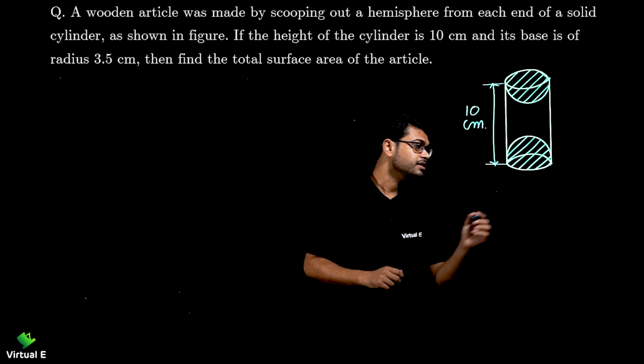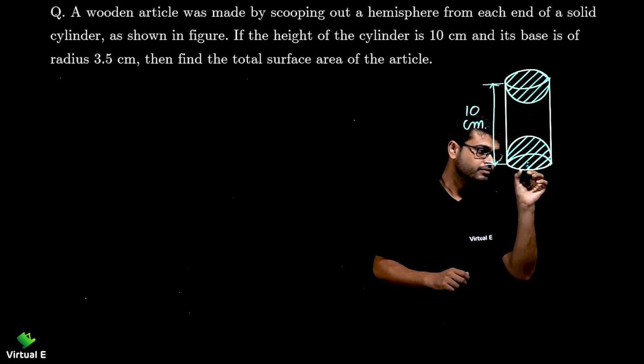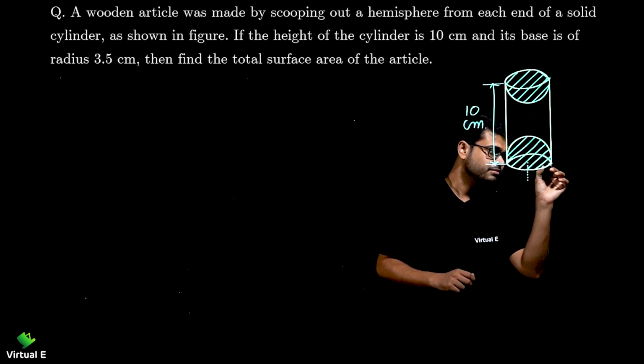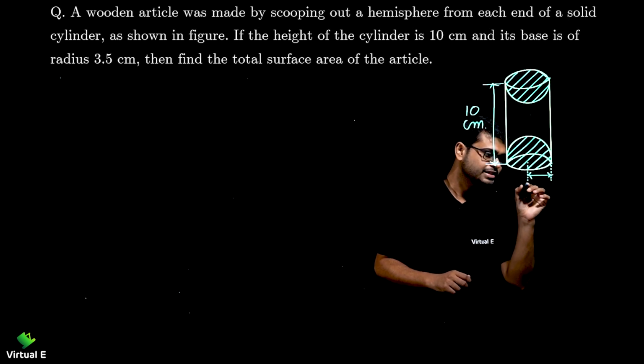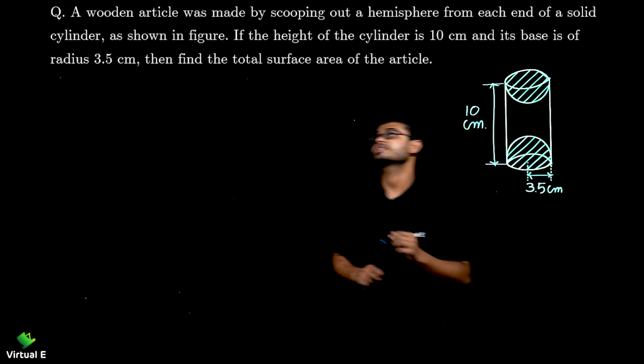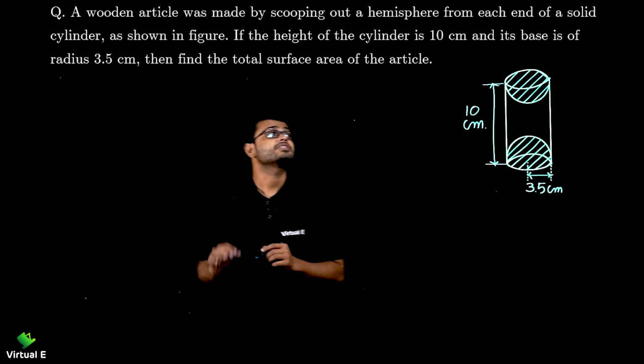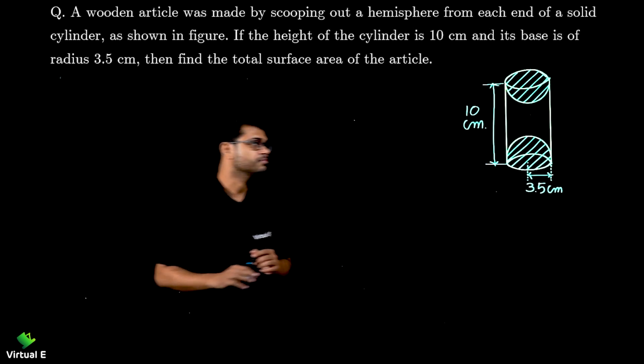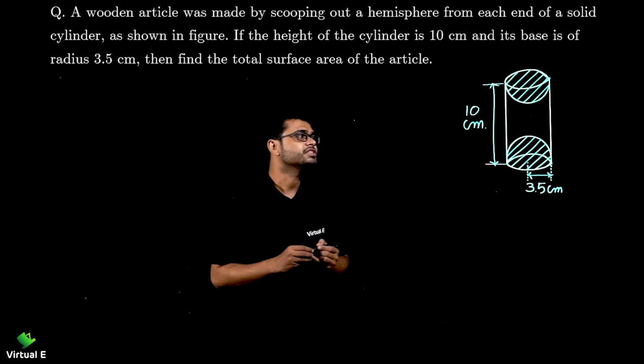We need to take the radius of the base, which is 3.5 centimeter. Find the total surface area of the article. Simple, we need to find the total surface area of the article.